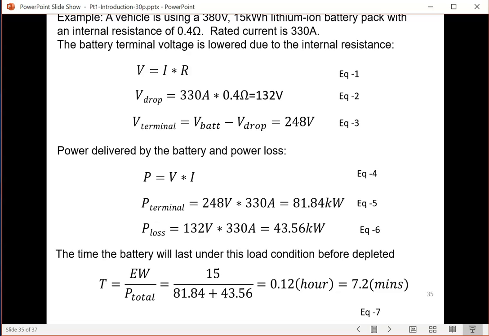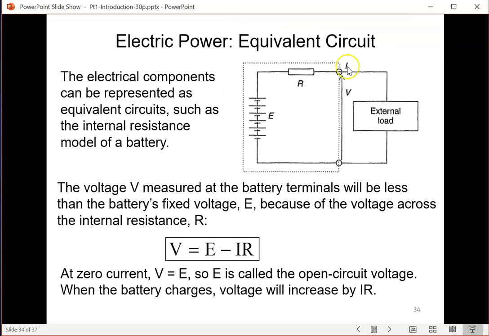And of course, I could ask you to work out something different. In this example, I gave you the output current, but I could tell you how much the external resistance is, and then let you work out the current. Current would equal the overall voltage E divided by the external R plus the internal R, so the total resistance of the two.